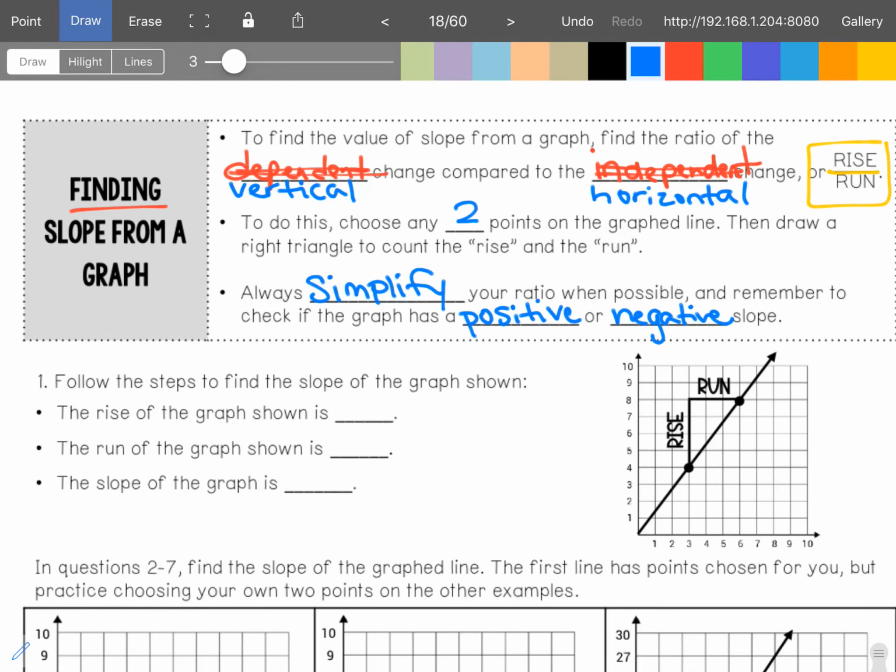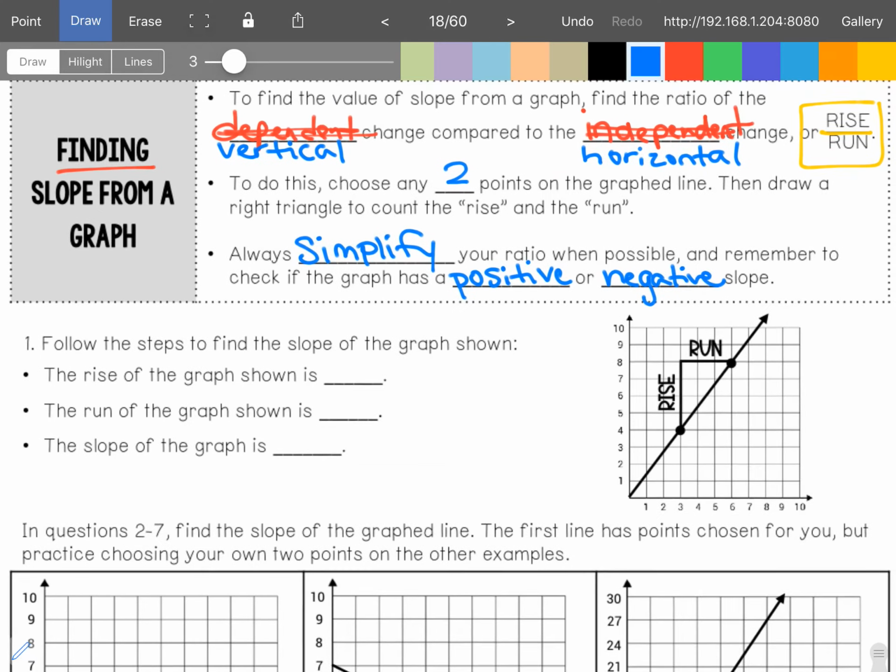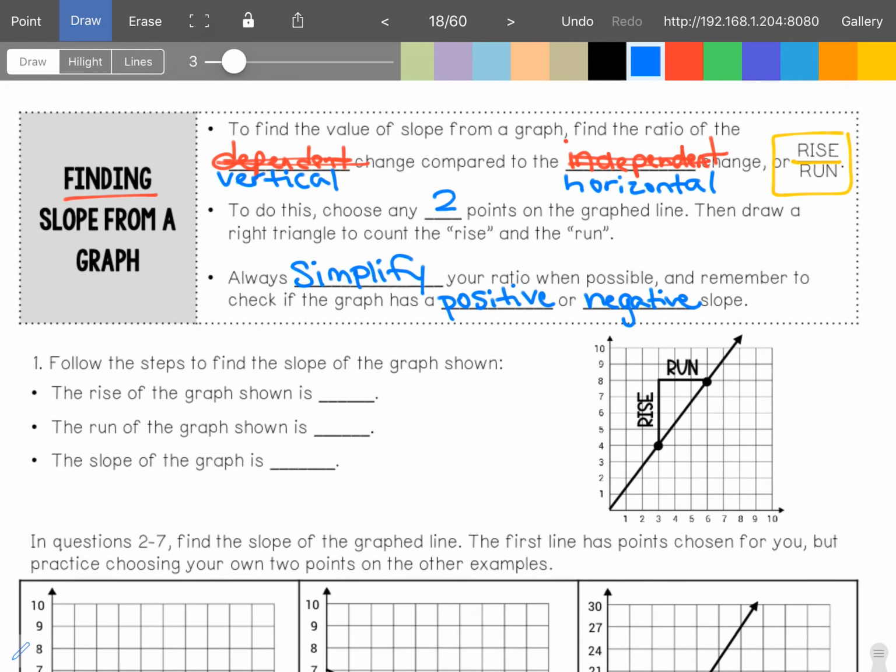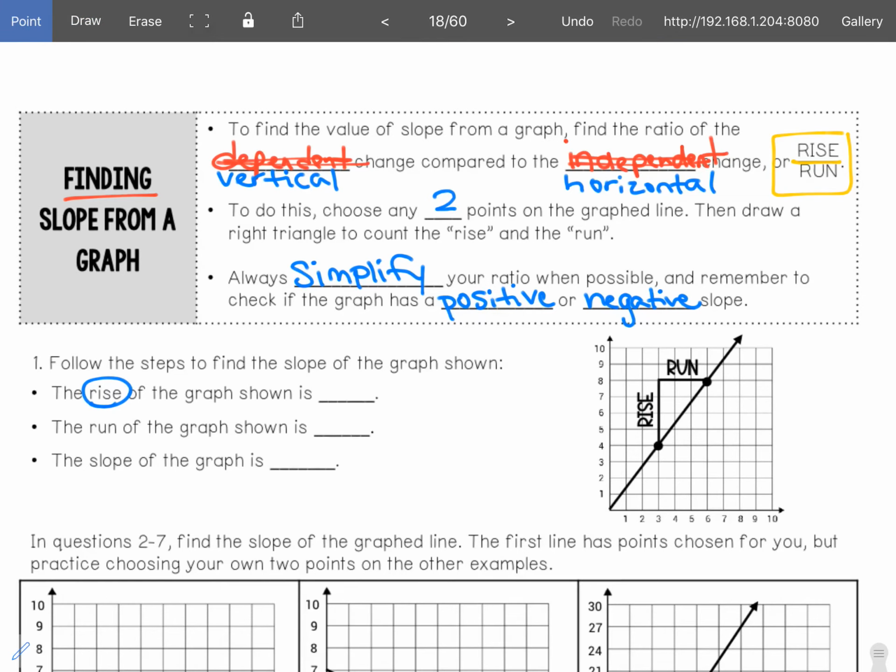All right, so let's try this. Looking at this first one, follow the steps to find the slope of the graph. The first thing it's asking us for is the rise. They took these 2 points on the graph and created a triangle by rising and running to get from one dot to the next.